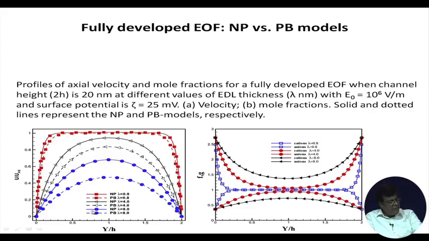what I find is that they are just coinciding with each other. Even when the Debye length lambda is 0.8 nanometer, where the channel height is 20 nanometer, we find a constant core flow within the core, with y 0 and 2 as the two boundaries here.